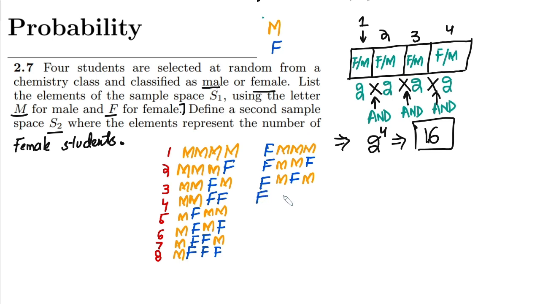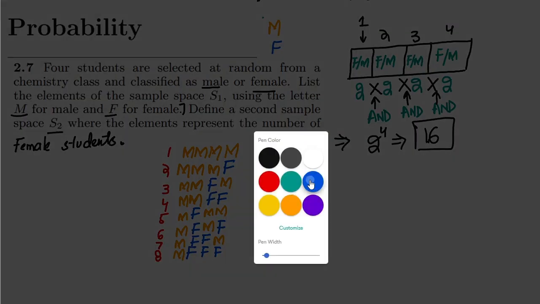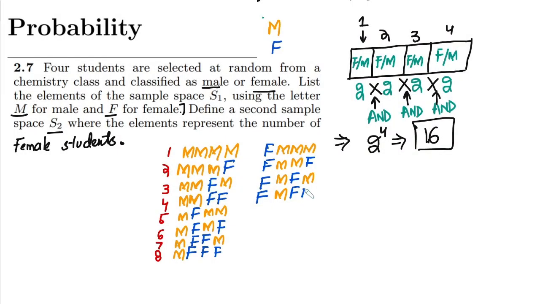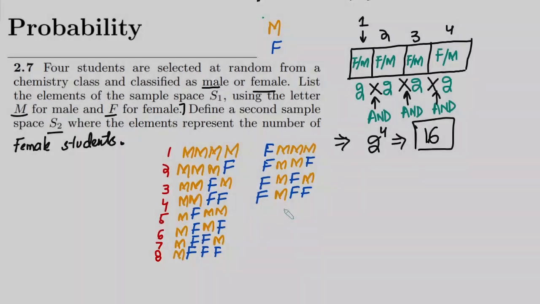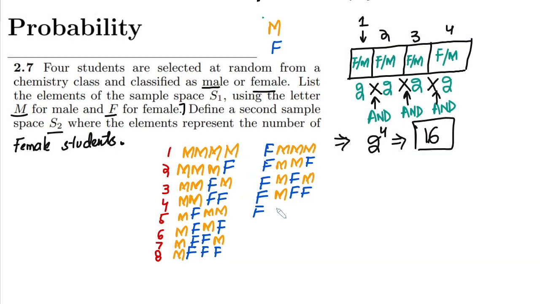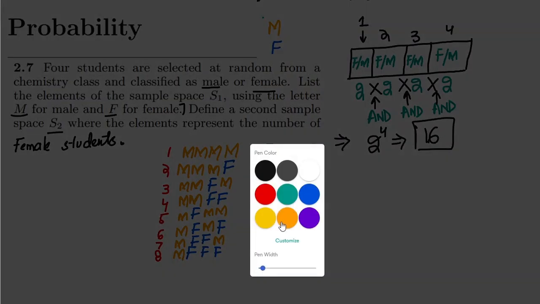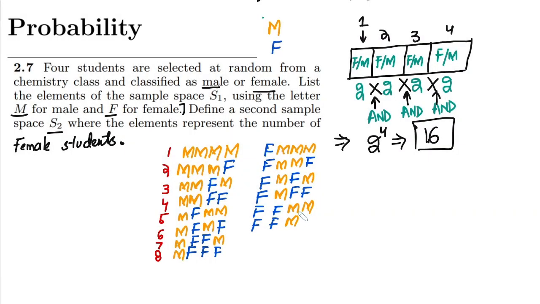So female, and here let me write male, and the last two here would be female and female. Again here female, female, and the last two would be male and male. Okay, and here female, female, and here male and female.